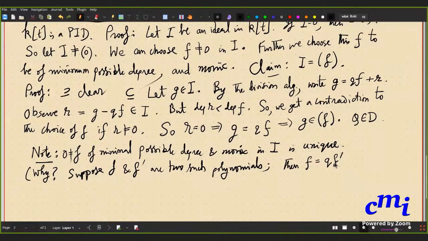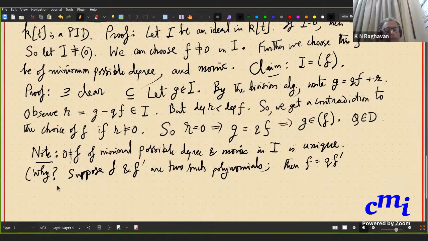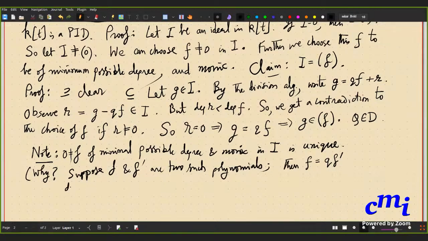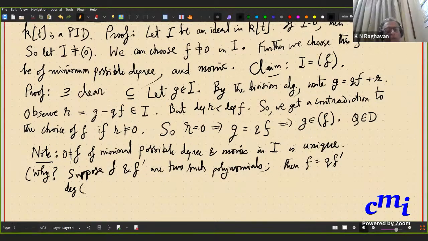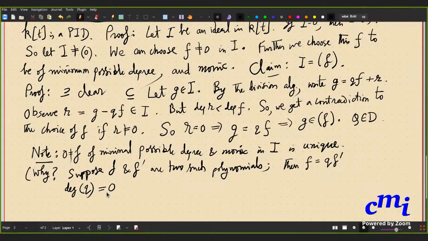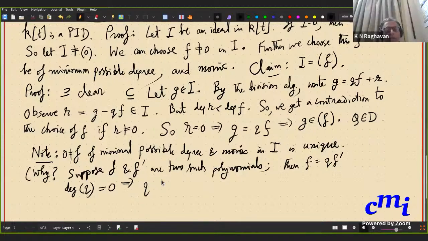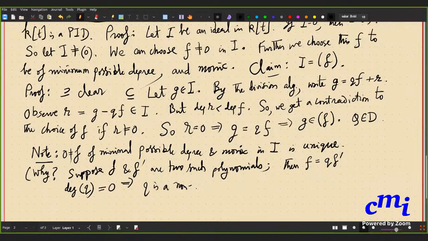Now apply the degree on both sides. The degree of Q should be 0, so Q should be constant. Q is a non-zero constant.